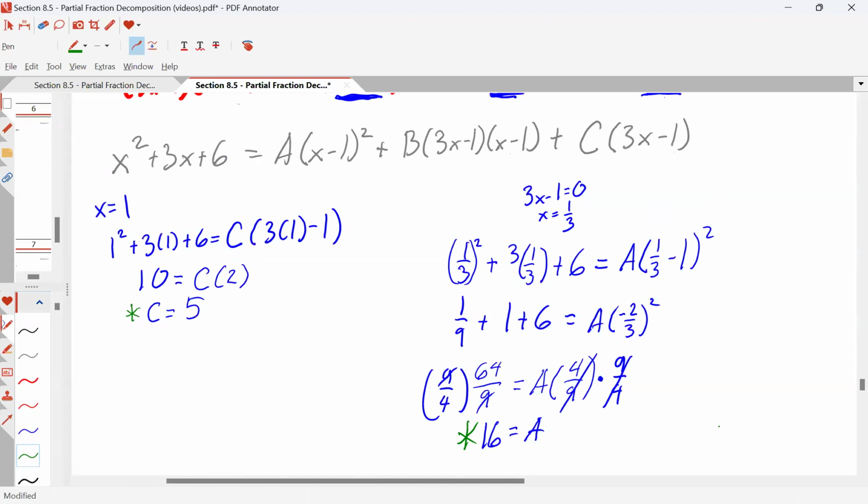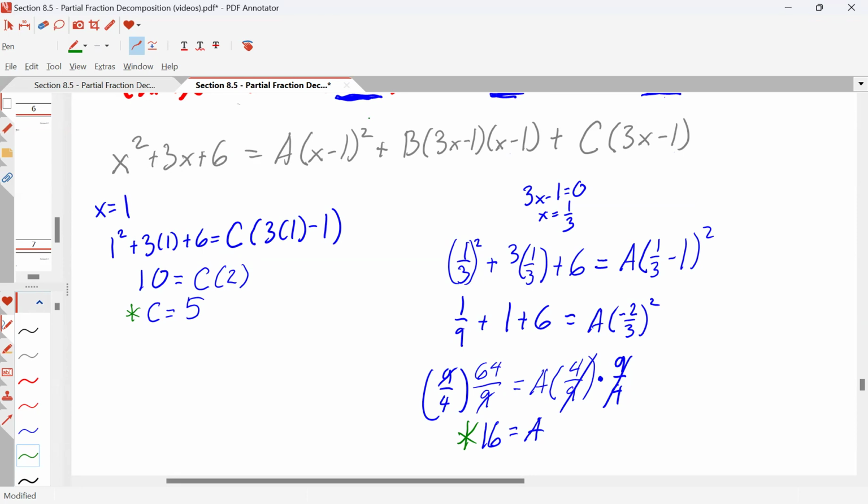We have a and we have c. The problem is there's no nice value as of right now, without a little bit extra work, to pick for b that will make a and c completely go away. Because the nice value that made c go away will also make b go away, and the nice value that made a go away will also make b go away.